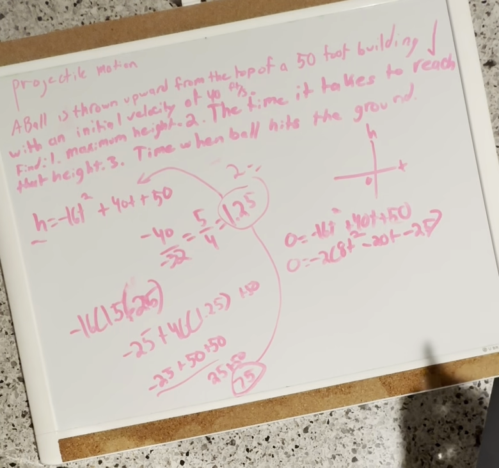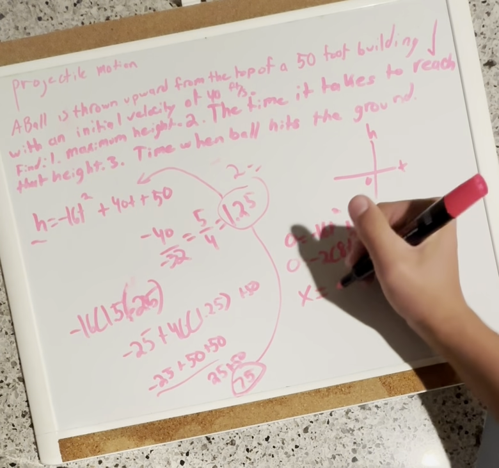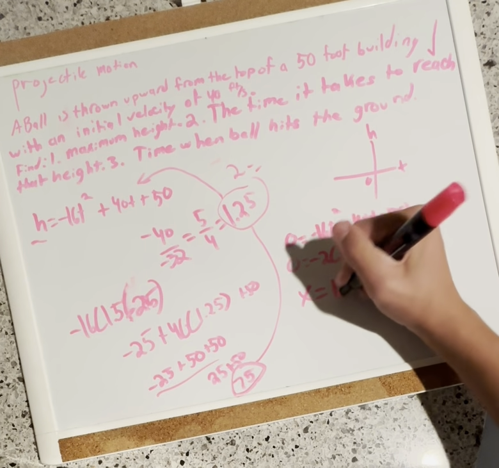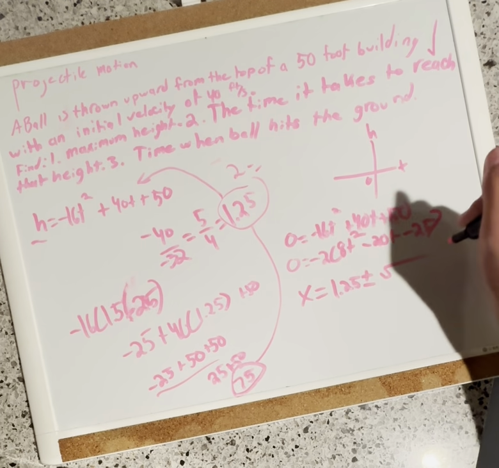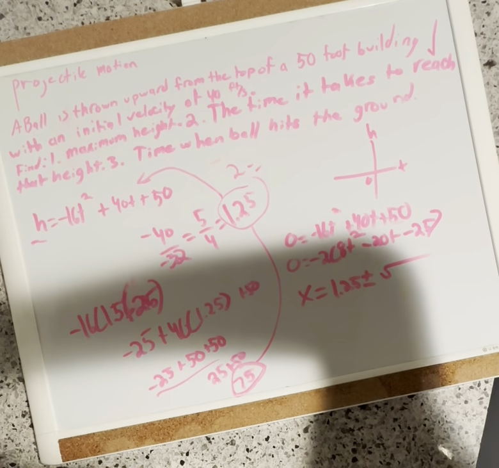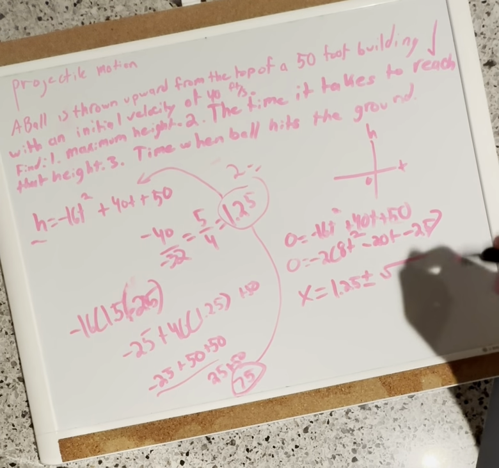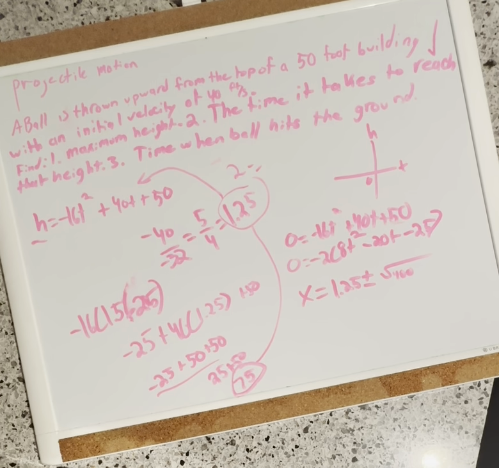So for the quadratic formula, you can do x equals negative b over 2a, which we've already found to be 1.25, plus or minus the discriminant, which would be b squared, which in this case 20 is the b value, so that would be 400, and then minus 4 times a times c.